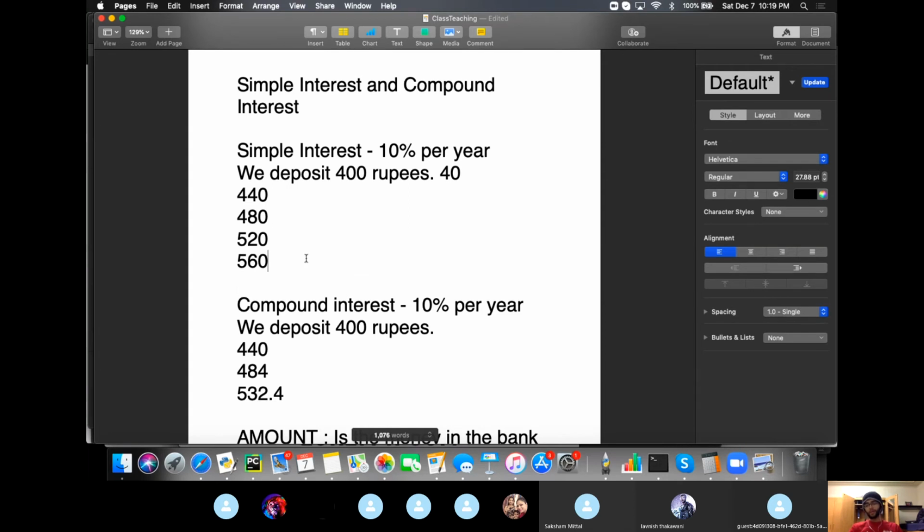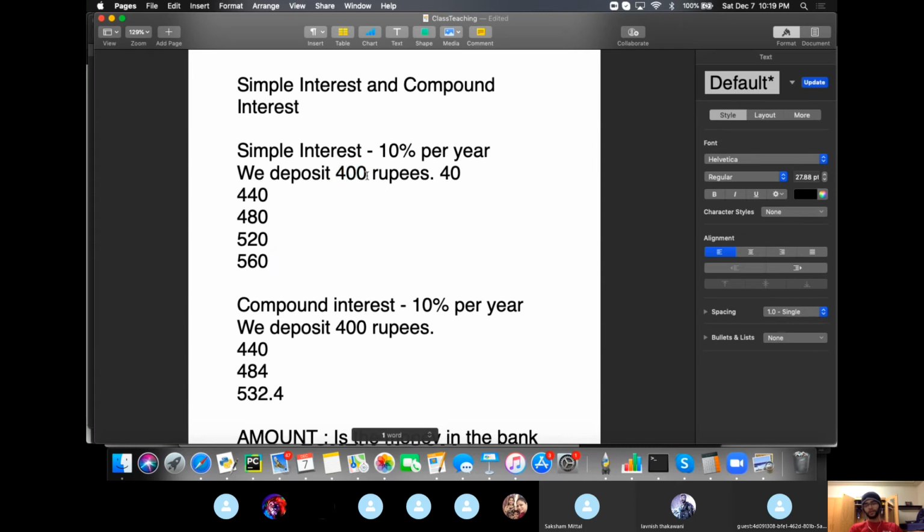Was that Parv who spoke? Yeah, 40 for 1 year, but we want to know what was the total interest. So total interest is amount minus principal. What is the amount? It is 560. What is the principal? It is 400 rupees.